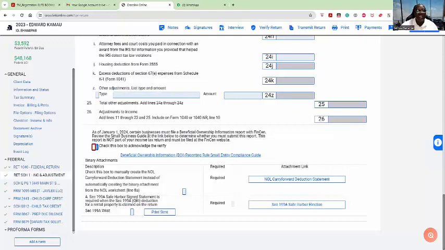Review the small business guide at the link below to determine whether you must submit this report. This report is not part of your income tax return and must be filed at the FinCEN website. This is new. As of January 1, 2024, certain businesses must file a beneficial ownership information report with FinCEN.